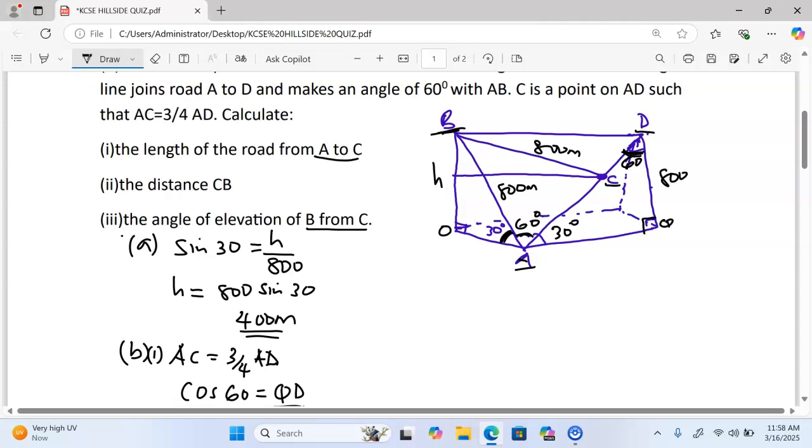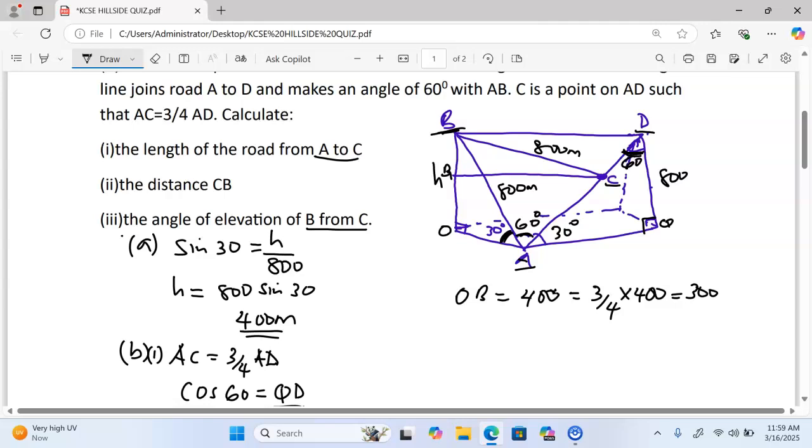Remember, if OB is 400, then using the ratio that we are given of AC to AD, we are going to place our point, for example, B prime here, such that OB prime is equivalent to 3/4 of 400, which gives us 300.